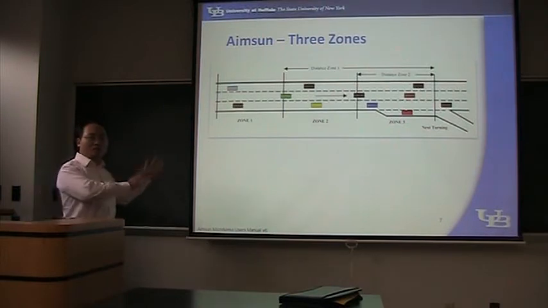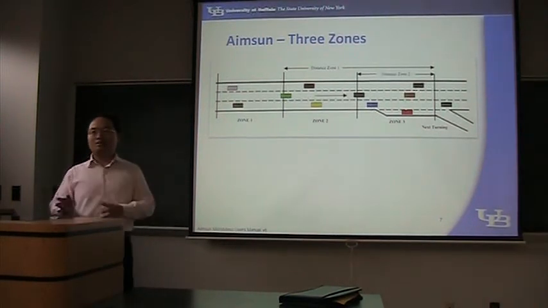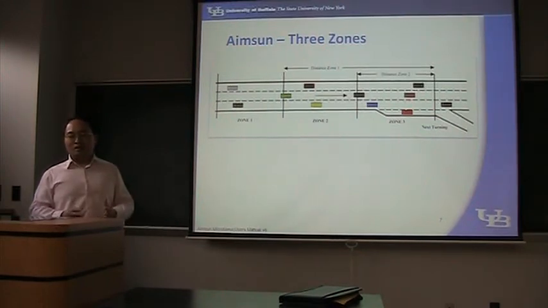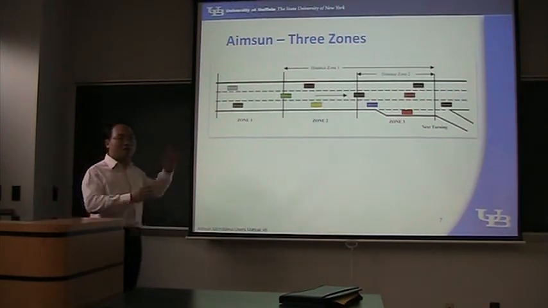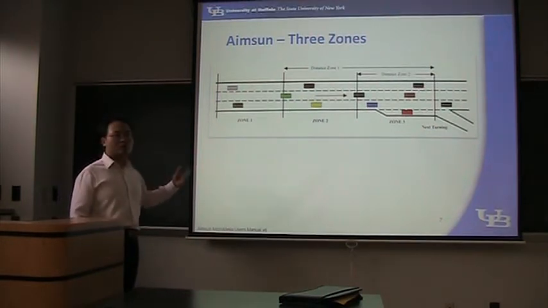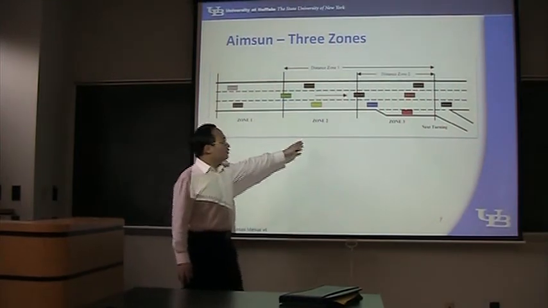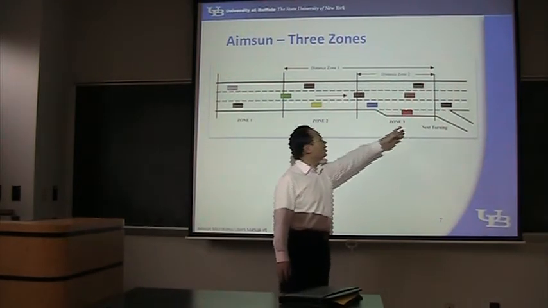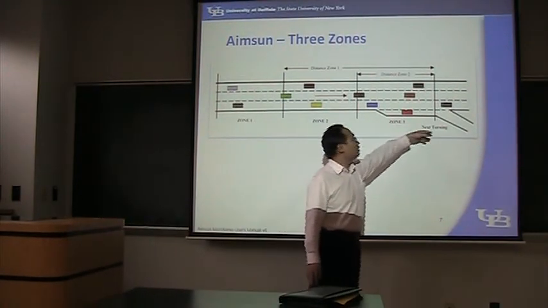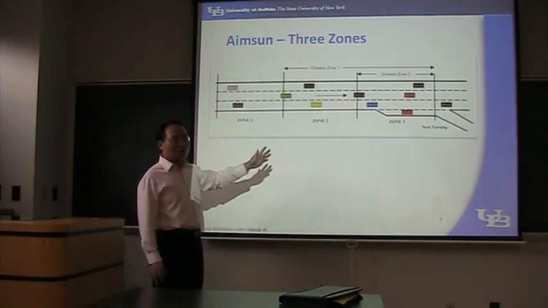Okay, so those were basic ideas, basic concepts about lane changing. Now let's go through the algorithms. I picked MSUM as the main software to talk about today because it's the most complex one. In MSUM, a road segment before an intersection or before a junction will be divided into three zones.